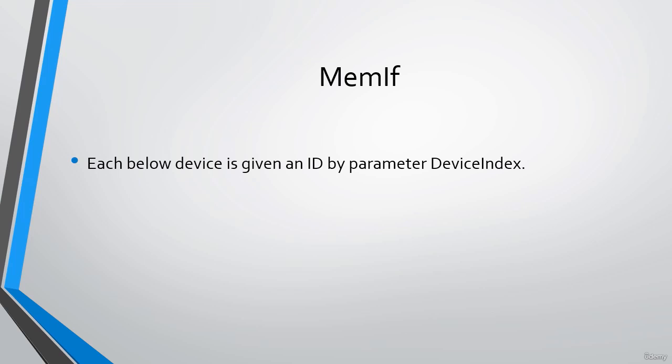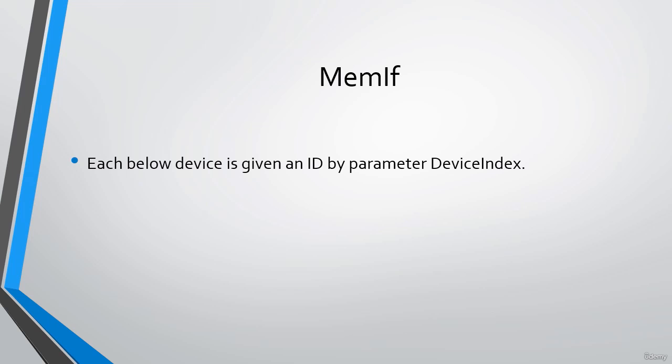Now, in MemIf, we give a device ID, which is given by the parameter device index. We use this ID to differentiate between different kinds of hardware. For example, EEPROM is one device which can have an ID of 0, and then there is Flash, which we can give an ID of 1.